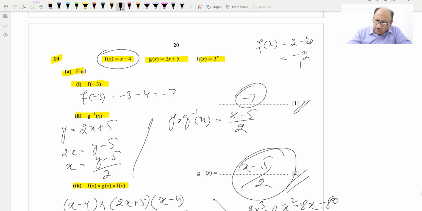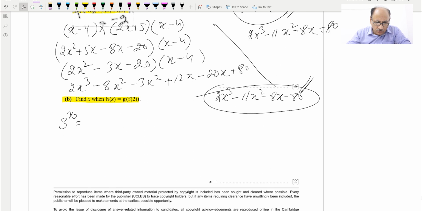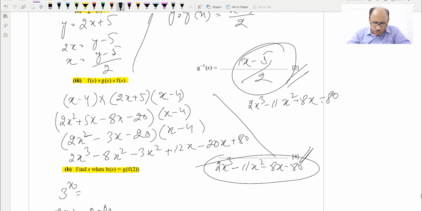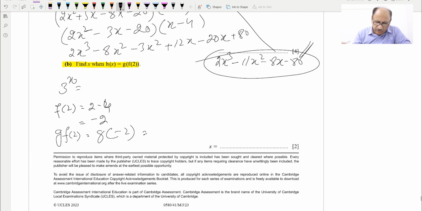Now we can find g of f of 2, which is equal to g of minus 2, and g of x is 2x plus 5. So instead of x we will write minus 2: minus 4 plus 5, which is equal to 1.